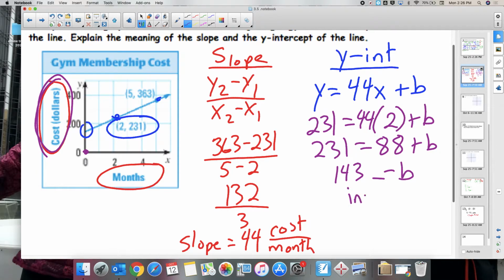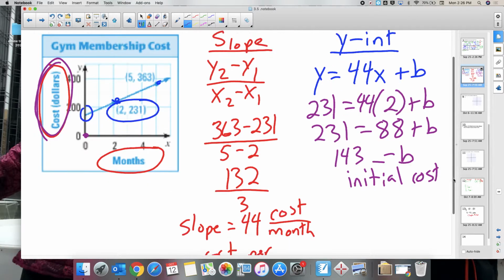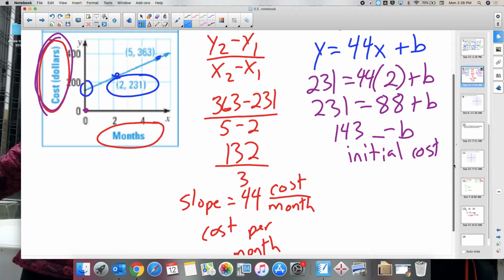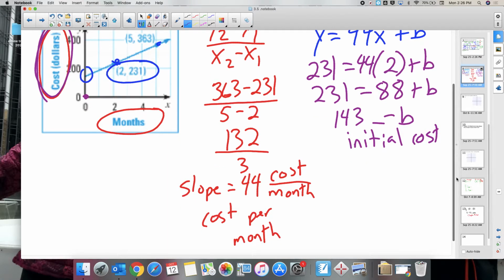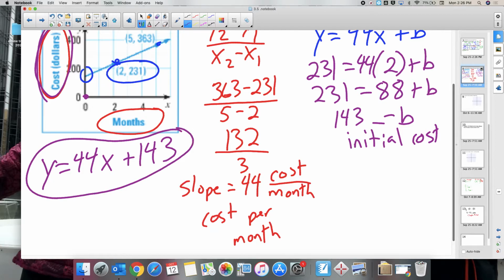So that is your initial cost. To write your equation then, we know our slope was 44. Our y-intercept we just found to be a positive 143. So there's our equation of our line.